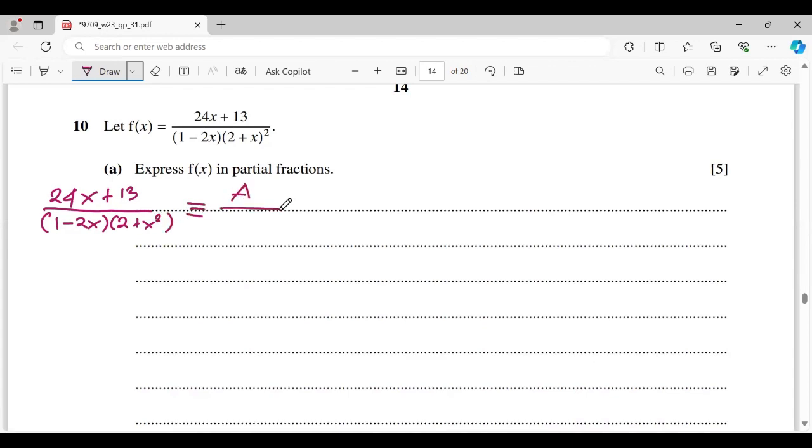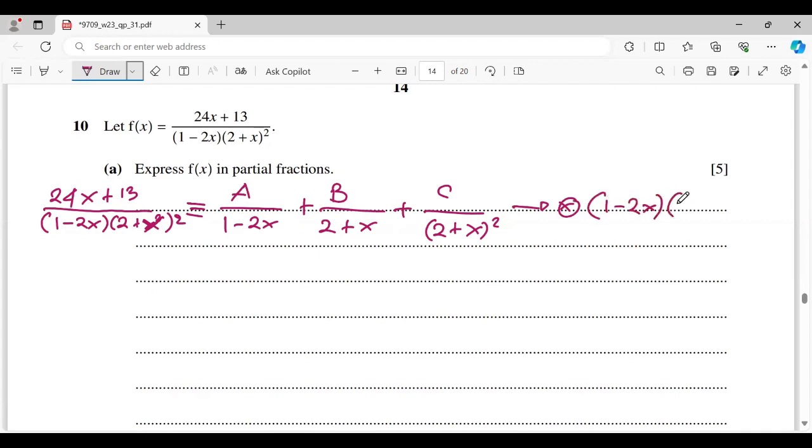is equivalent to a over 1 minus 2x plus b over 2 plus x, plus c over 2 plus x squared. And after that, multiply by 1 minus 2x times 2 plus x squared.